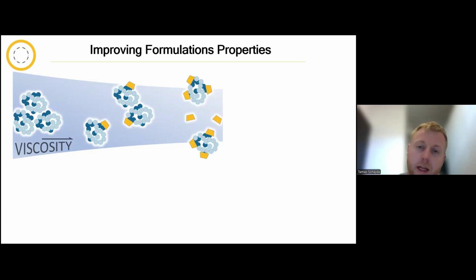And as we can prevent that with the cyclodextrins, we can also, I wouldn't say reduce the viscosity, but not increase the viscosity. The good thing is that at the concentration that is applied, cyclodextrins do not contribute to the viscosity of aqueous solution. So it's the same as without the cyclodextrin.